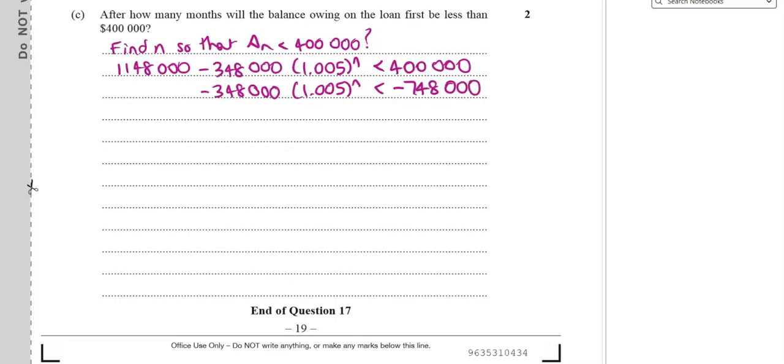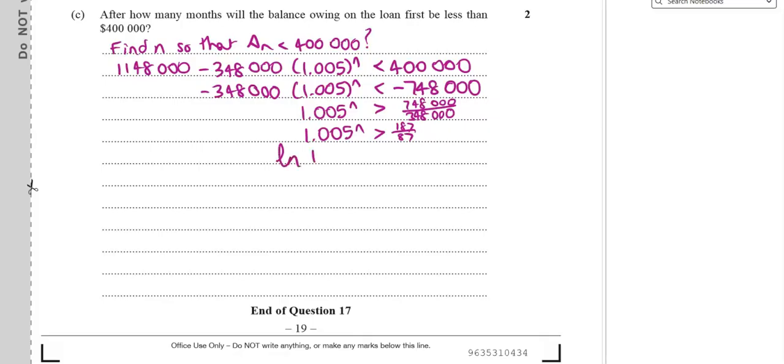748,000. I can divide both sides by negative 348 and in so doing flip the direction. 748,000 over 348,000. So that's going to simplify to 187 on 87. And now I can take the natural log of both sides.